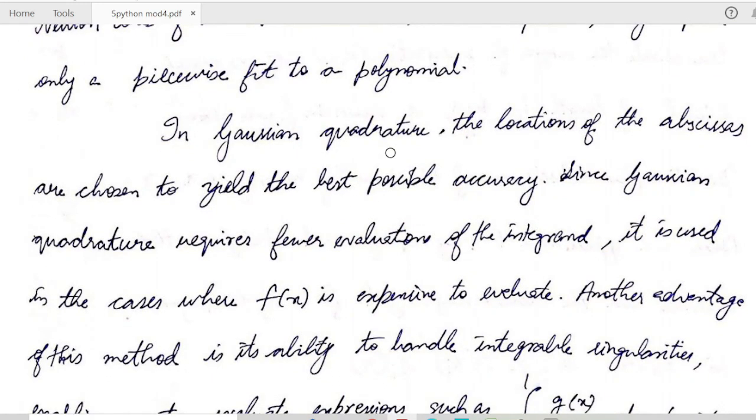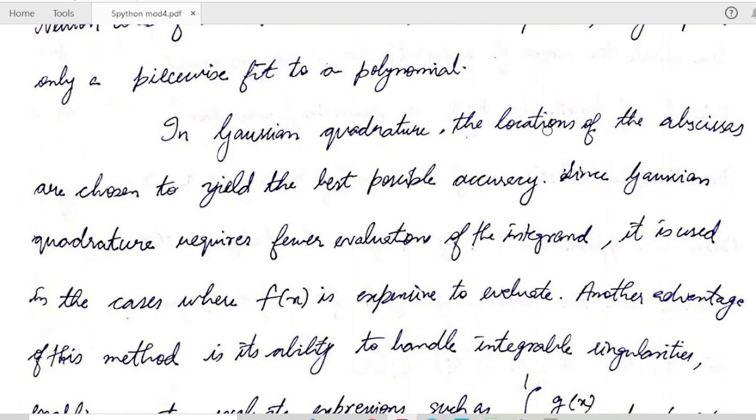In Gaussian quadrature, the locations of the abscissas are chosen to yield the best possible accuracy. So Gaussian quadrature is more accurate than the Newton-Cotes formula. Since Gaussian quadrature requires fewer evaluations of the integrand, it is used in cases when f of x is expensive to evaluate.